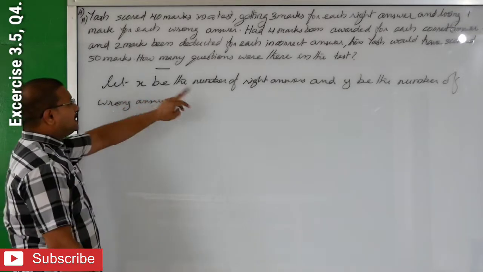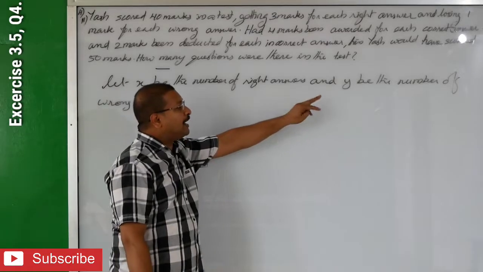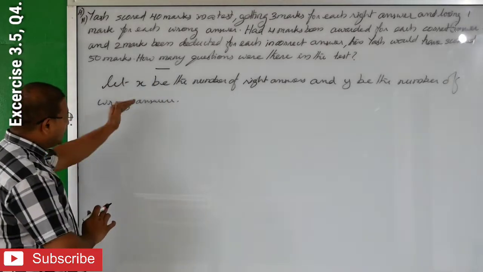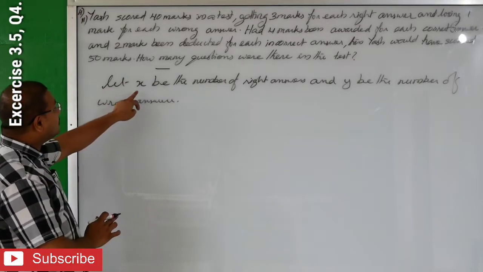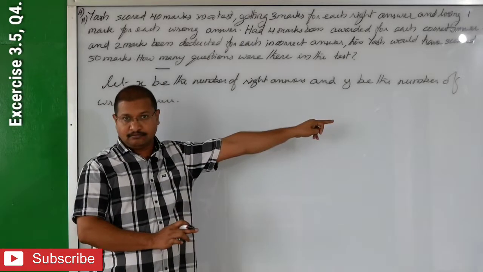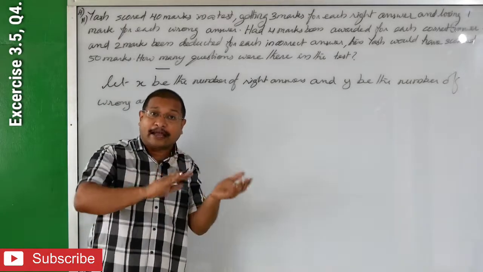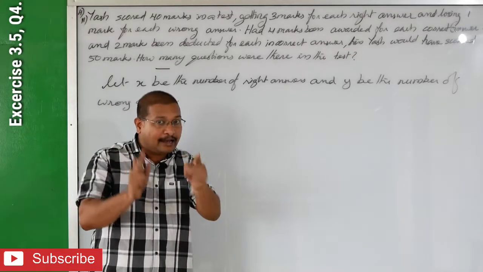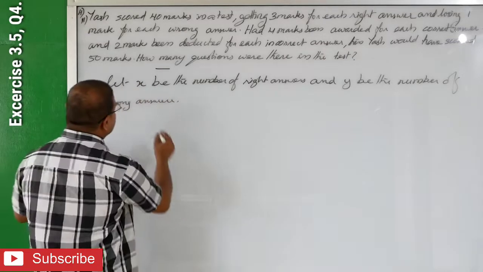Ready? Let x be the number of right answer and y be the number of wrong answer. From this we can understand the right answers are x and the wrong answers are y. That means the total right and wrong together will be the number of questions, isn't it? So let us see the first case.